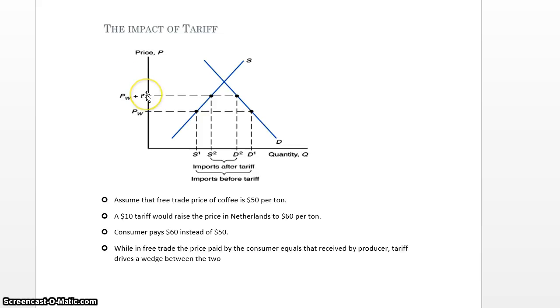Now, when the price goes up by $10, all of a sudden the product is worth $60 per ton. Now, let's look what happens. The demand decreases to D2 because it simply becomes too expensive for some consumers to buy.